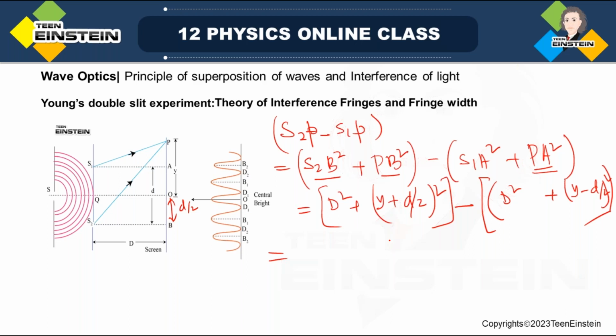if we simplify, I think we have to make some assumption here. Later on we will make some assumptions here. So if we just do the simplification, what will we get? 2yd here, 2yd by capital 2D.